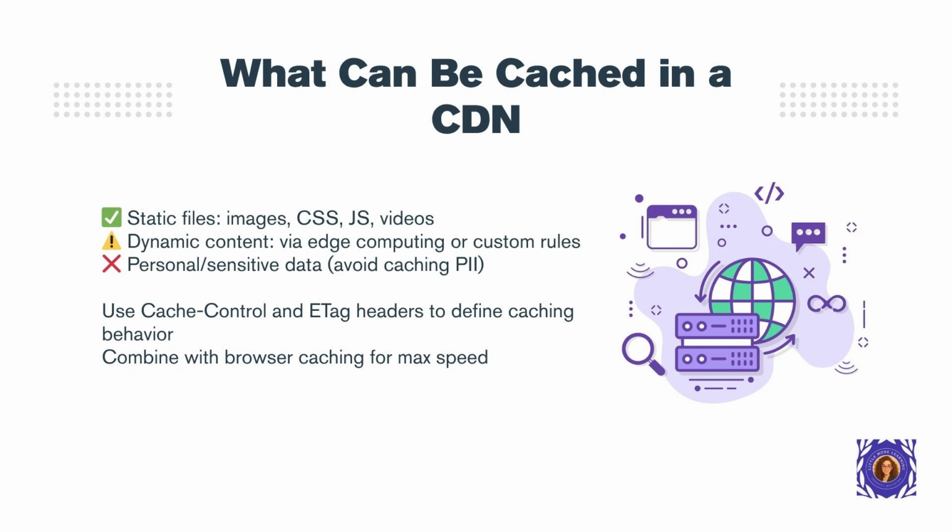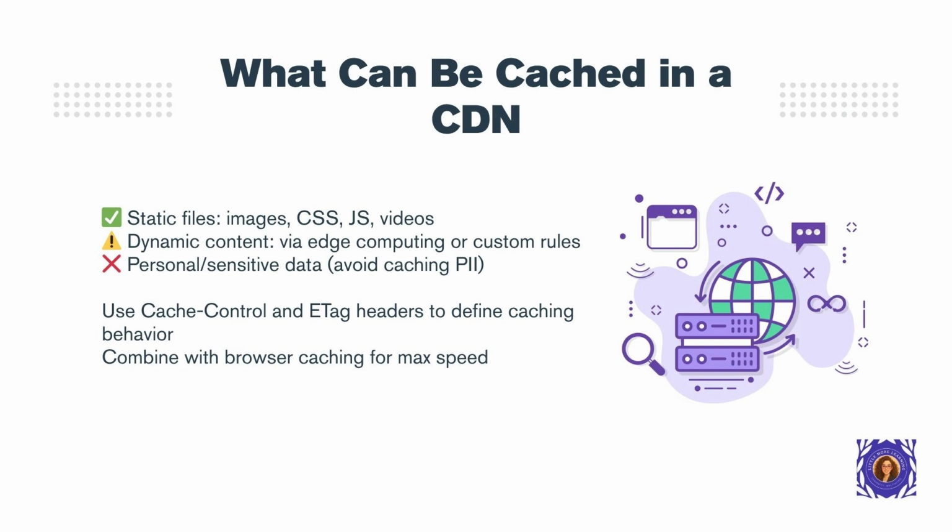While traditionally CDNs excelled at static content, modern CDNs, especially those offering edge compute capabilities, can now handle dynamic content. This might involve custom caching rules or executing small functions at the edge to personalize responses before serving them from the cache. However, this requires careful configuration to avoid serving stale or incorrect data.